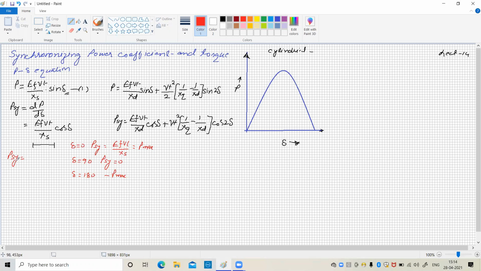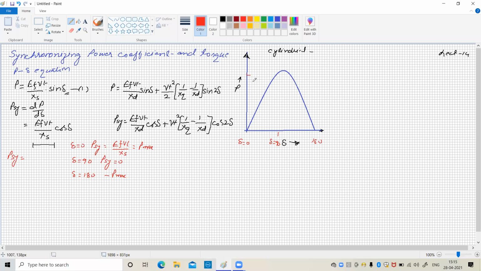So we can plot this curve for PSY, the synchronizing power coefficient. Its maximum value remains the same.